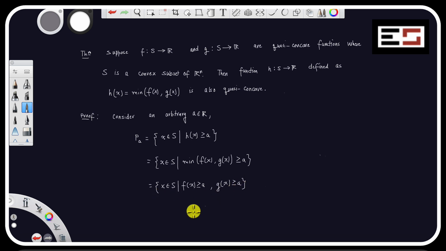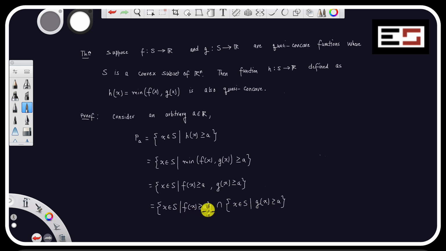Now this is something that I can also write like this: it's the intersection of these two sets, x such that f(x) is greater than or equal to a, and x such that g(x) is greater than or equal to a. Since f is a quasi-concave function, this set is a convex set, and since g is a quasi-concave function, this set is a convex set.